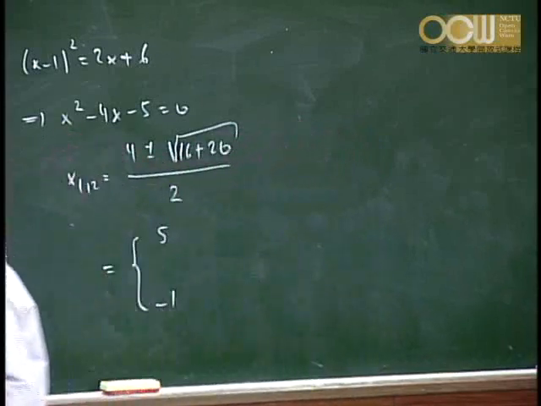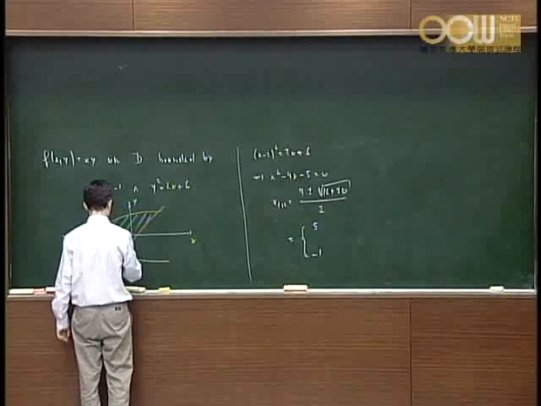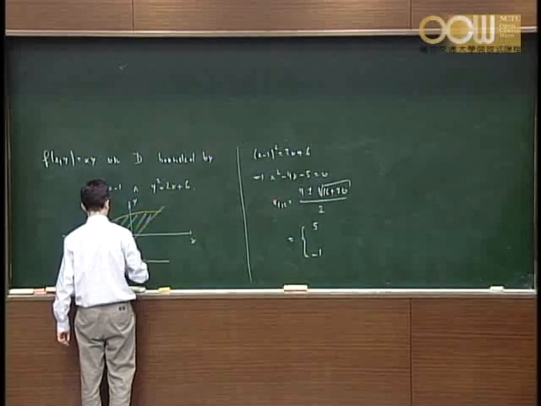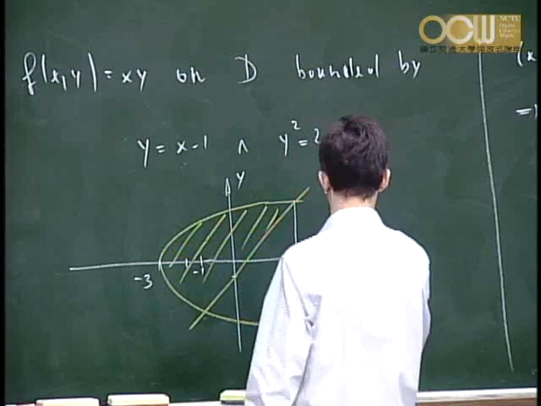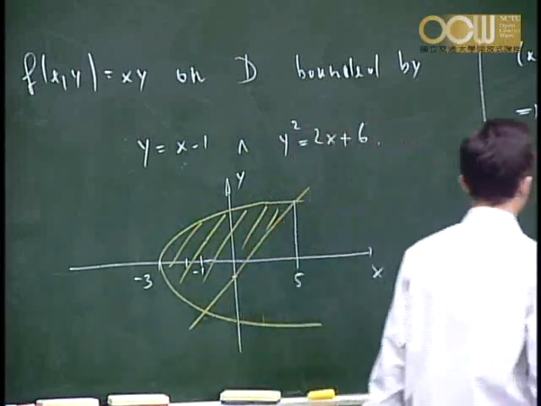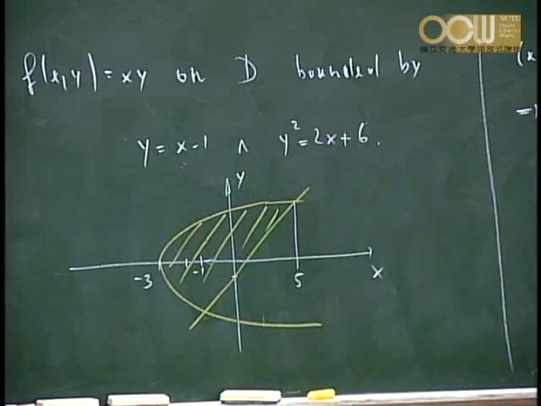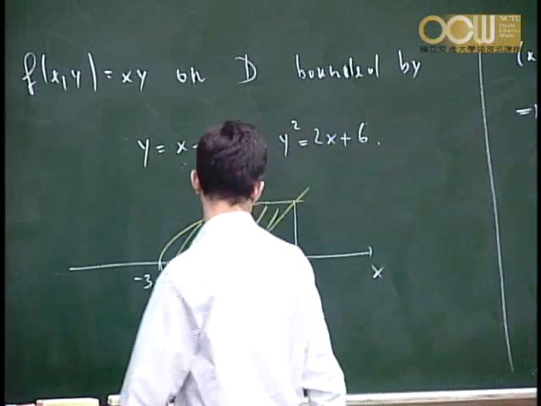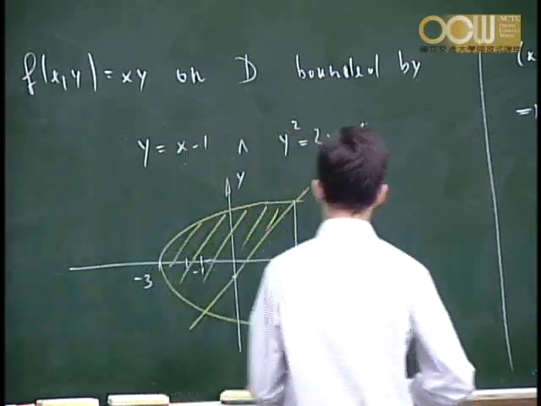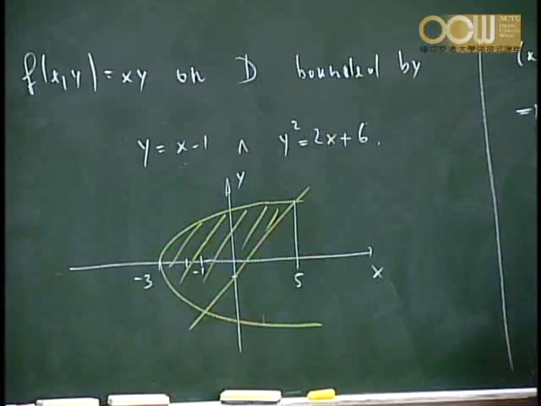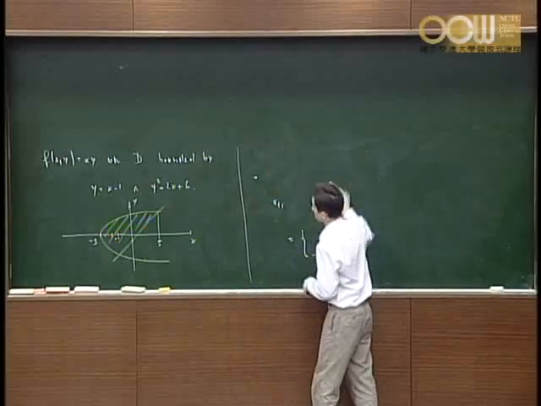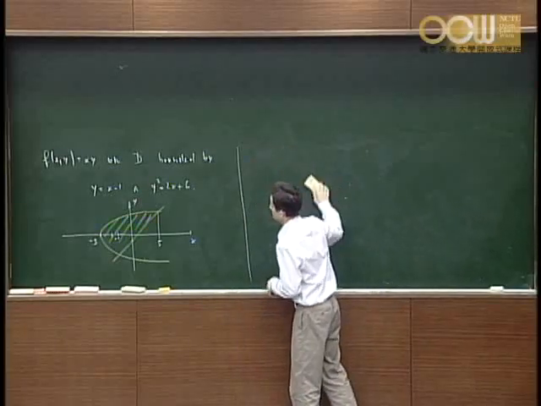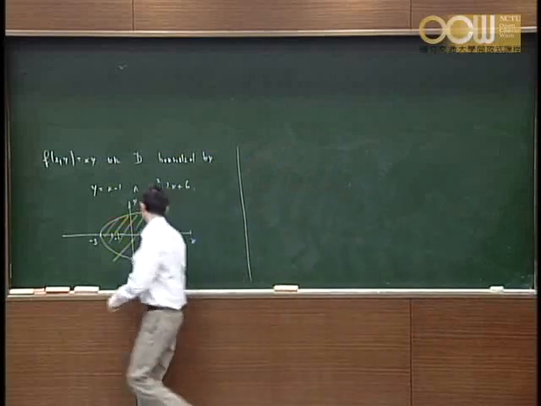So this here is minus 1, and this here is 5. And the corresponding y values you see here. So we have to go like this here.